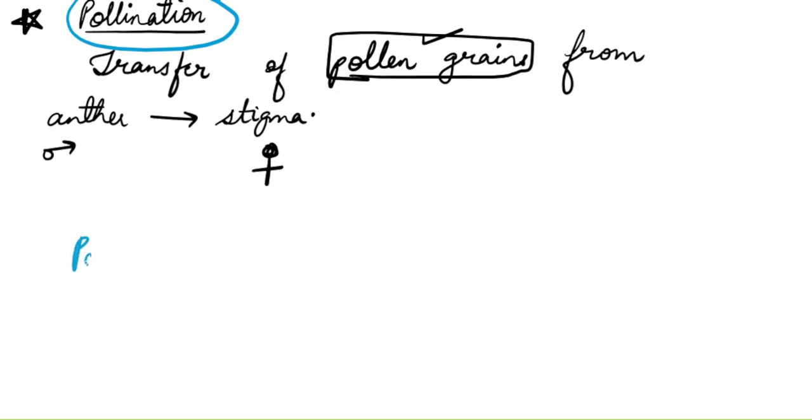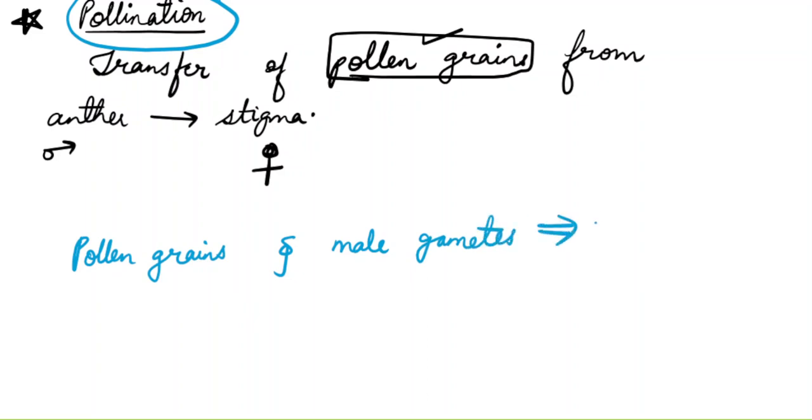Pollen grains and male gametes both are non-motile, as I mentioned yesterday. If both are non-motile, then how will they reach the female? They do not have any capacity to fly and go. So for that purpose they need the process of pollination.